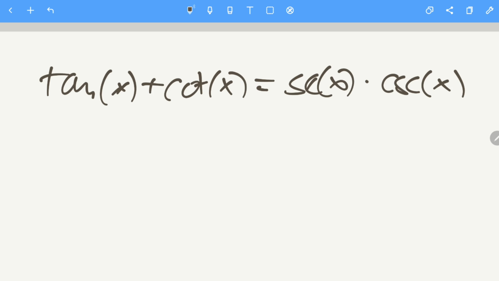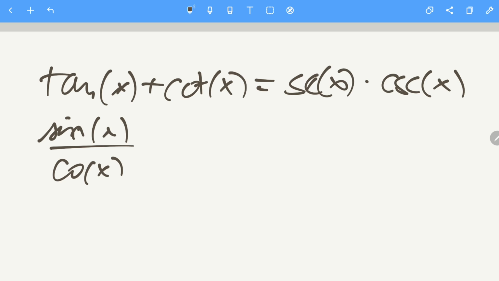Then we proceed to look at the second criterion, which is the number of compound trigonometric functions. In this case, we can see that the left hand side is more complex than the right one, because we know that tangent equals sine of x divided by cosine of x, and cotangent equals cosine of x divided by sine of x on the left.